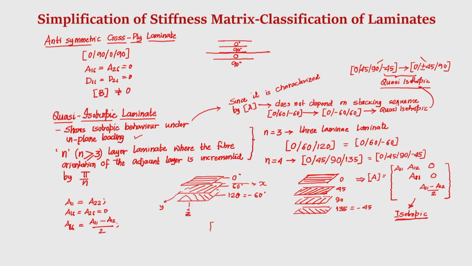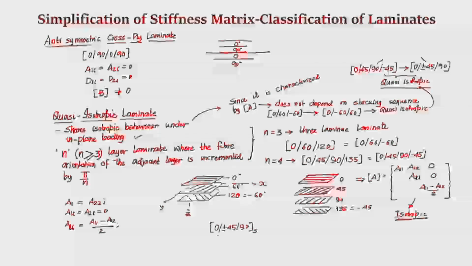So we can also have a symmetric laminate, 0, plus minus 45, 90, symmetric. In this case the B matrix is 0 and the A matrix behaves as isotropic, therefore it is a quasi-isotropic laminate. The characteristic of a quasi-isotropic laminate is that only under in plane loading does it behave isotropically, and that is only stiffness. The strengths may not be independent of direction.